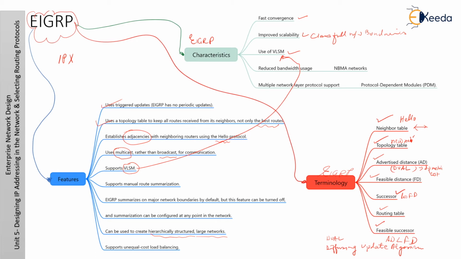Now come to reduced bandwidth use. So there is the concept of an NBMA network. Because EIGRP does not send periodic routing updates as other distance vector protocols do, it uses less bandwidth, particularly in large networks that have a large number of routes. On the other hand, EIGRP uses the Hello protocol to establish and maintain adjacencies with its neighbors.